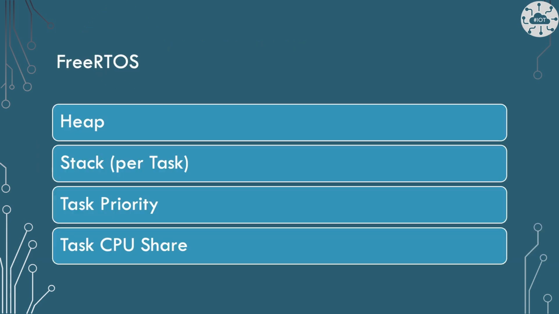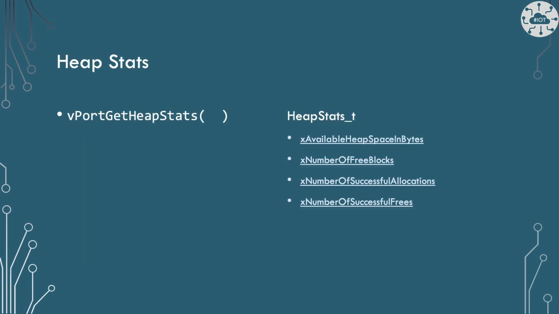From FreeRTOS Kernel, we can access data and statistics about the heap usage, about the stack, which of course we have within each of our tasks, task priority and task CPU share. The heap stats we can get very simply from the port get heap stats function. You have to turn this on within the FreeRTOS config, but once available, this is the data we can get.